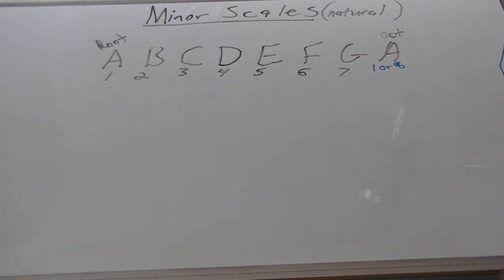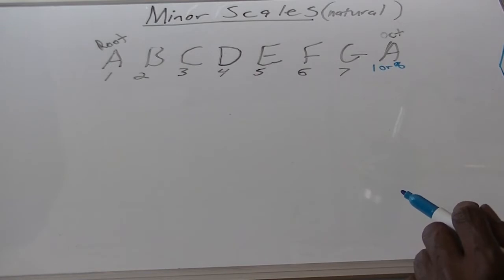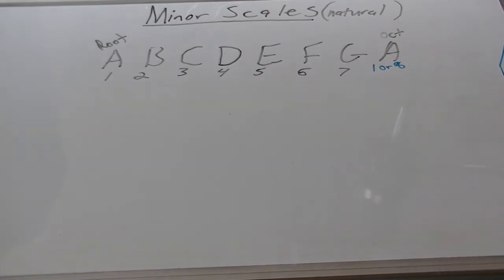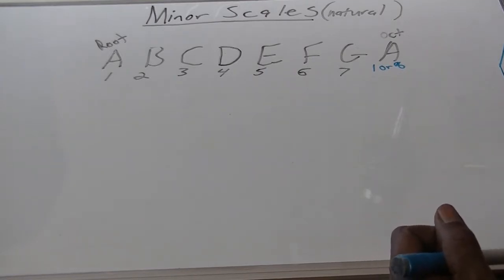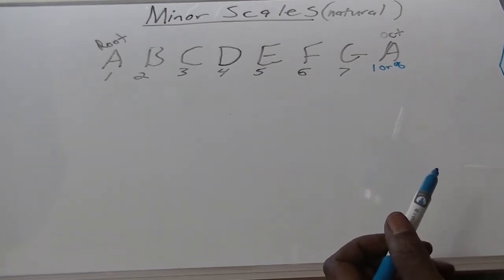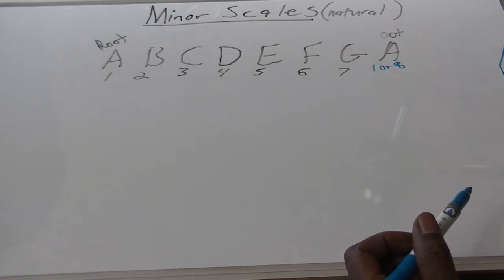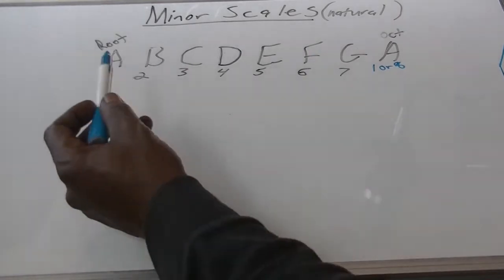We have our scale, and like the major scale, we can generate a set of scale tone chords. The method we use to do this is the same method we use for the major scale. We have our root note here.